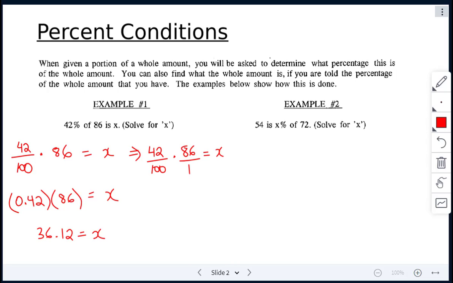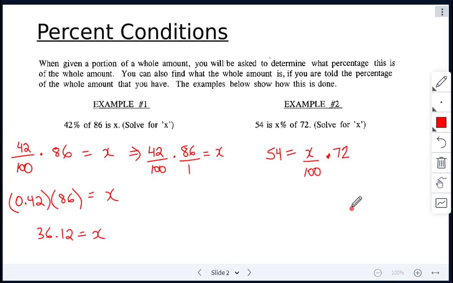So the next example, we are told 54 is X percent of 72. So we still need to figure out what that X is. Reading this correctly, 54 is, meaning 54 is equal to X percent of 72. So X over 100 multiplied by 72.